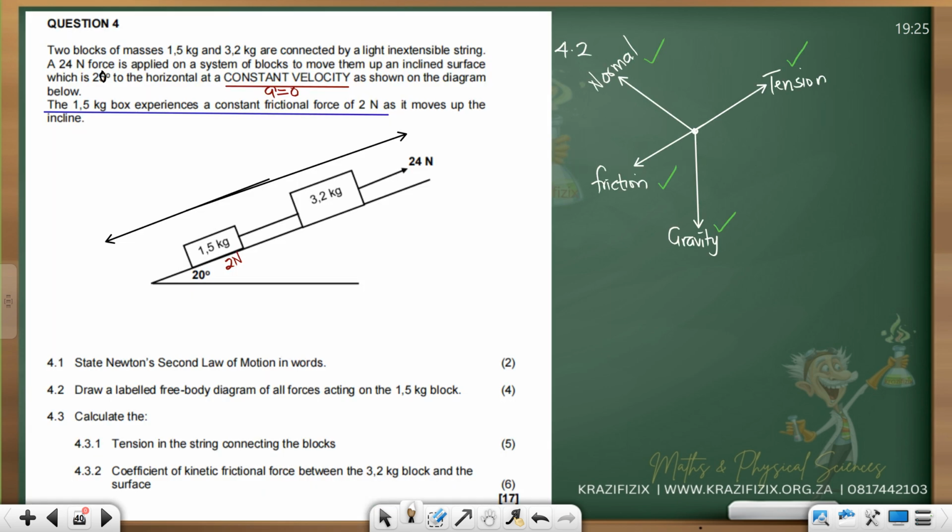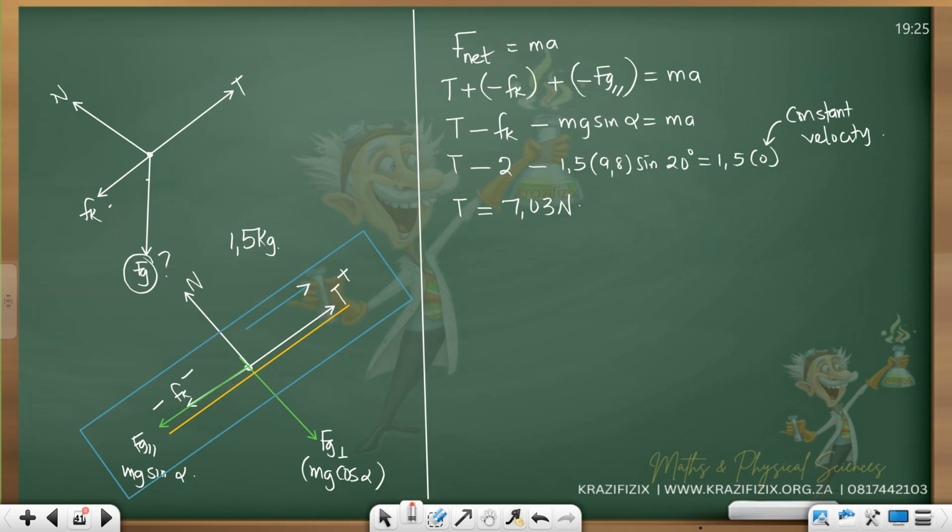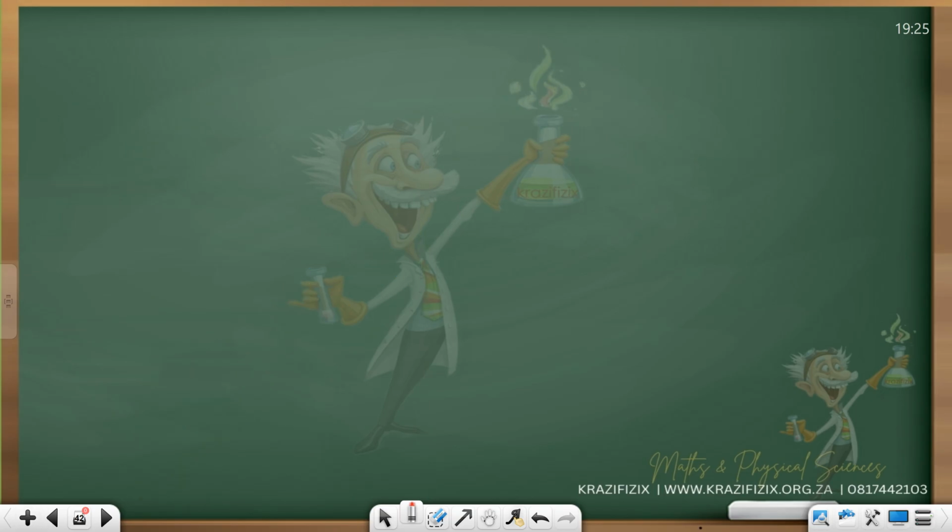Next question. Calculate the coefficient of friction between the 3,2 block and the surface. Guys, I cannot do this question without drawing the free body diagram on the 3,2. You would notice this. There is a 24 Newton force. All right, so let's draw the 3,2.